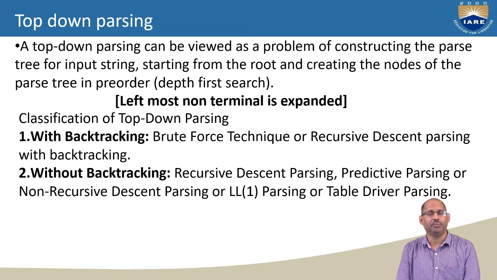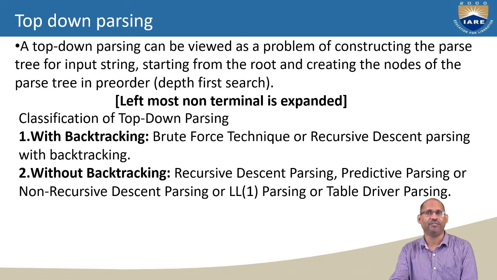The top-down parsing methods are mainly divided into with backtracking and without backtracking. Brute force technique or recursive descent parsing with backtracking are the examples with backtracking. Without backtracking, recursive descent parsing and predictive parsing, or non-recursive predictive parsing, or LL(1) parsing, or table-driven parsing are the examples for without backtracking, right?